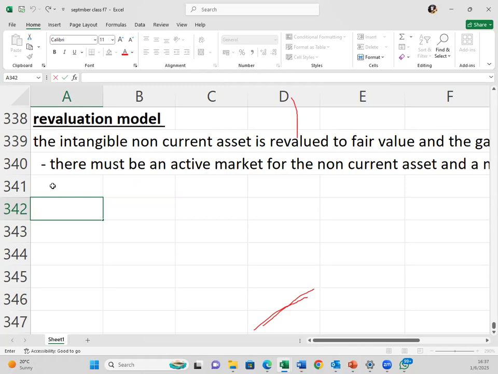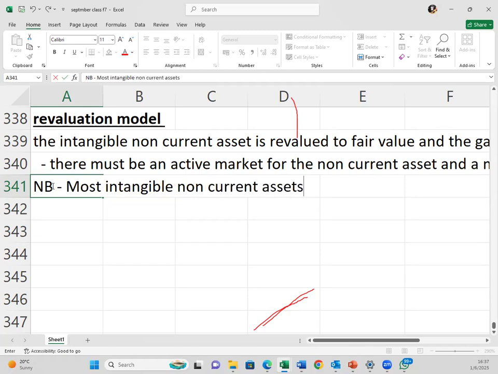So let's put this one as an NB point. Most intangible non-current assets do not have an active market.